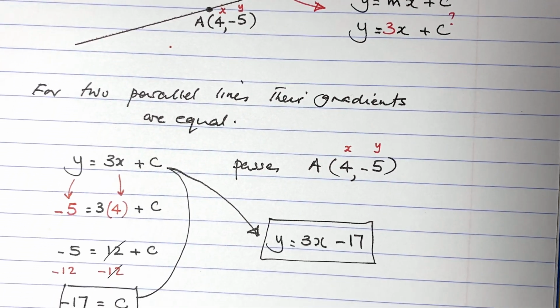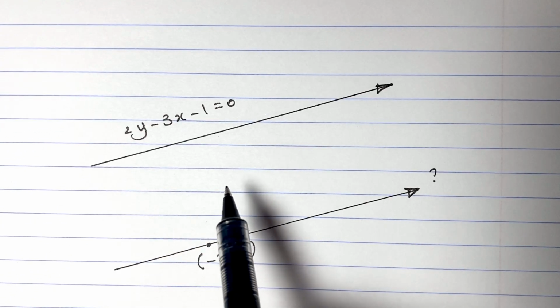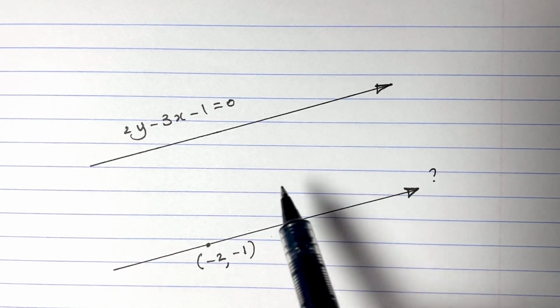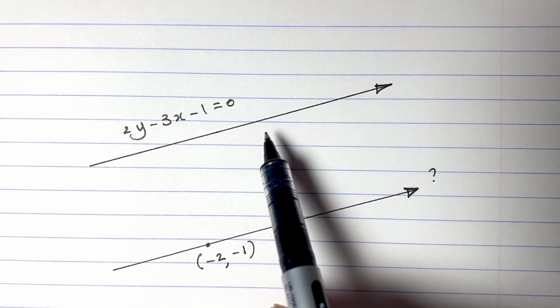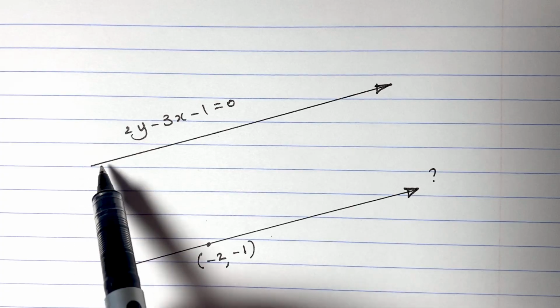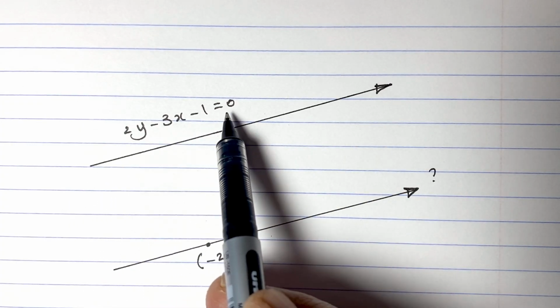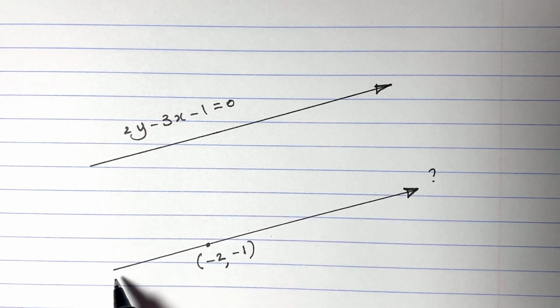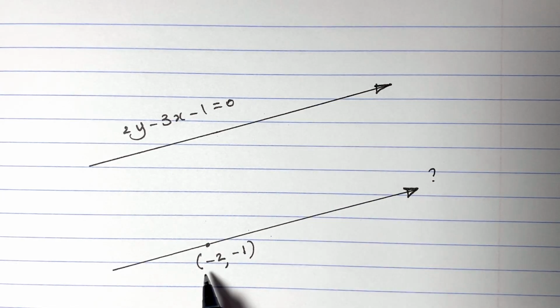Let me give you another example. In this one I have not really put all the information on the plate for you. I've got a line with the equation 2y minus 3x minus 1 equals 0. I want the equation of a line which is parallel to this one and passes through minus 2, minus 1.